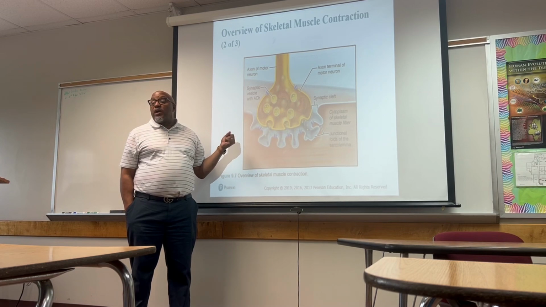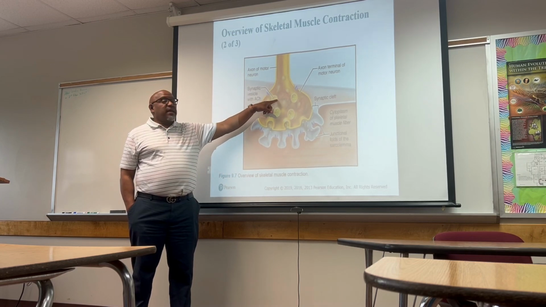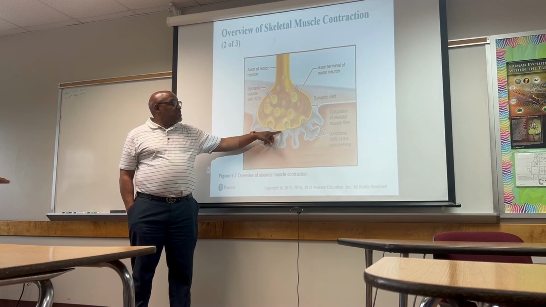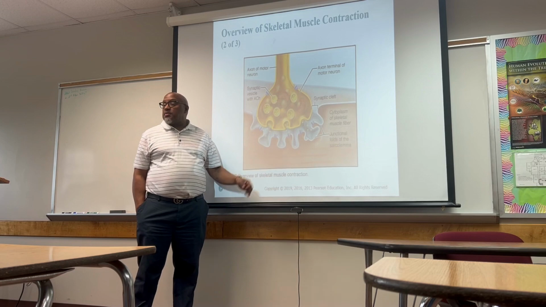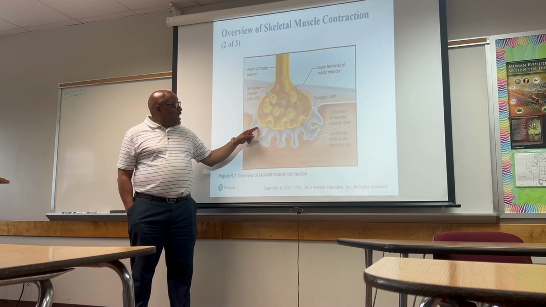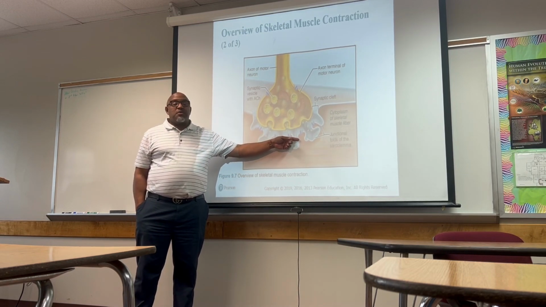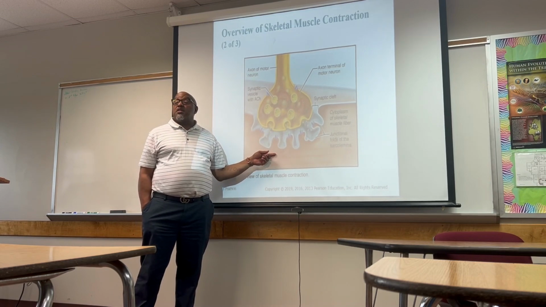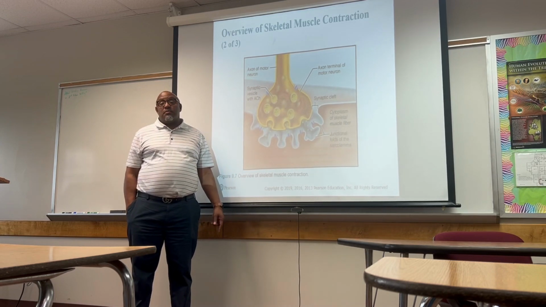All right. So when we tell our muscle to contract, the nerve sends a signal all the way down to the end of the nerve, which is called the axon terminal. The axon terminal then releases acetylcholine. Acetylcholine floats across the synaptic cleft, attaches to these receptors, opens the receptors, and then the signal from the nerve is transmitted to the muscle, and this signal now goes to the T-tubule.